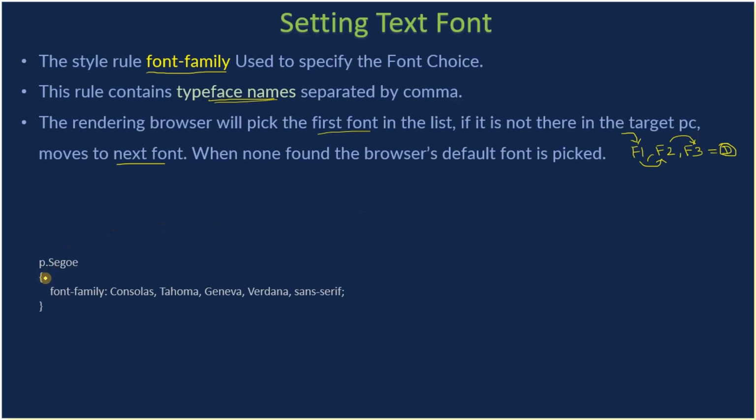So here is the example, and if you see, the selector we are giving is the tag P, right? That contains a font-family property, and here you can see this is the first font.